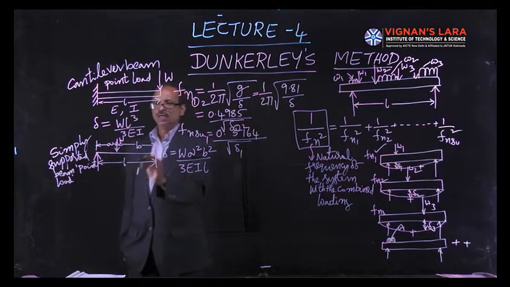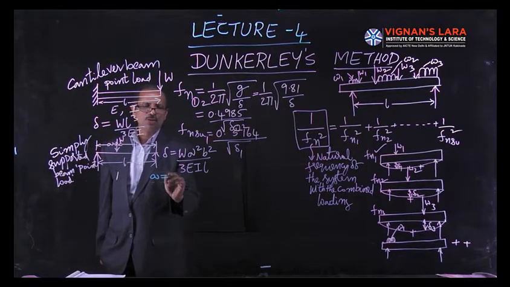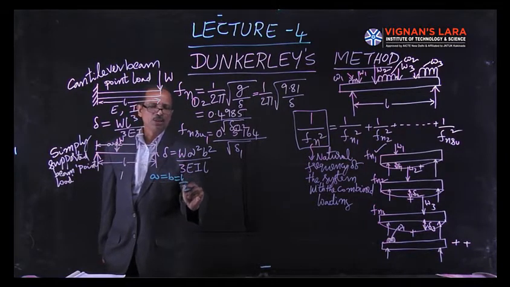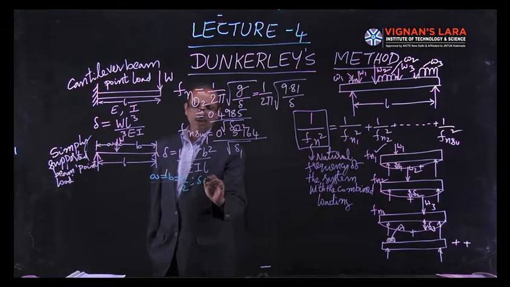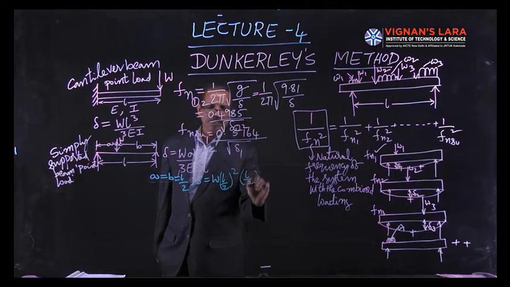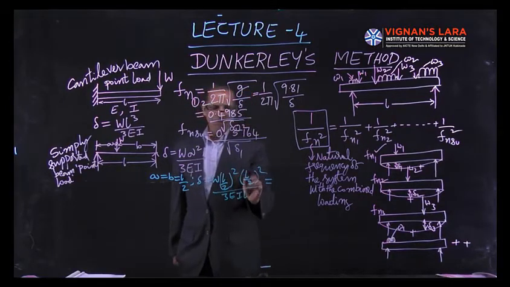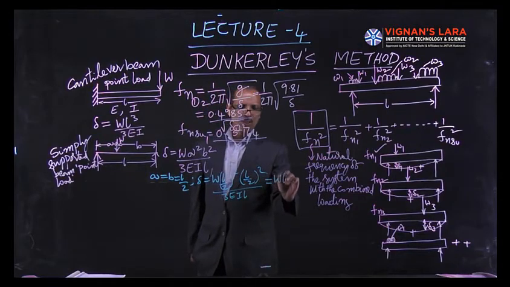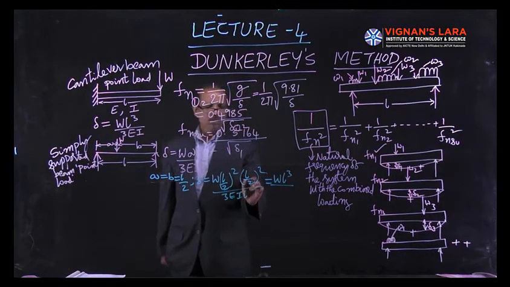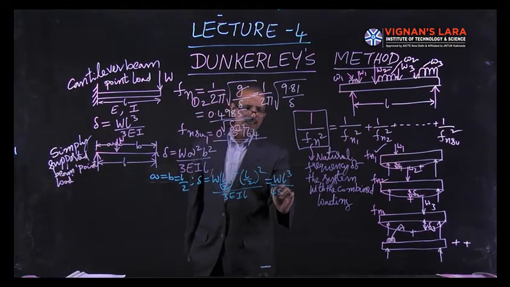Suppose it is at the middle, so that means A is equal to B is equal to L by 2. Then this delta value becomes W (L by 2) whole square into (L by 2) whole square by 3EIL. Then it gives L to the power of 4, L gets cancelled, WL cube by, 2 2s are 4, 4 4s are 16, 16 3s are 48 EI.